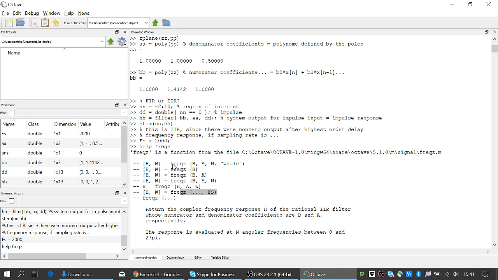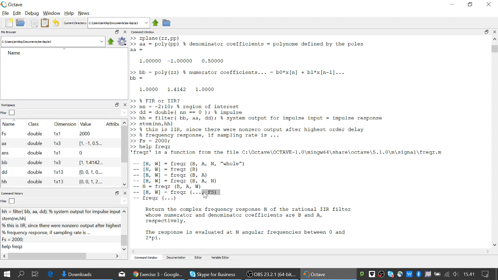We have system coefficients B and A, and N means how many points you want on your plot, how many frequencies between 0 and the Nyquist rate you want this to be calculated. And then you can put here the sampling rate.